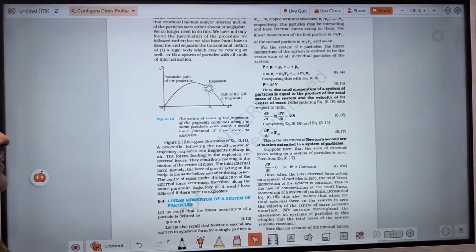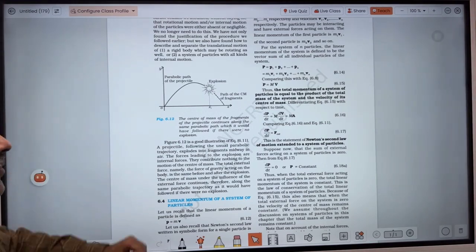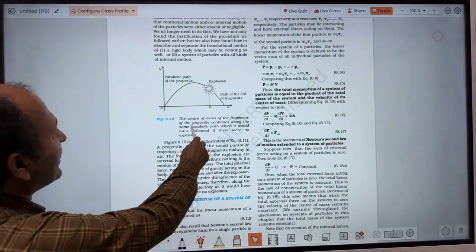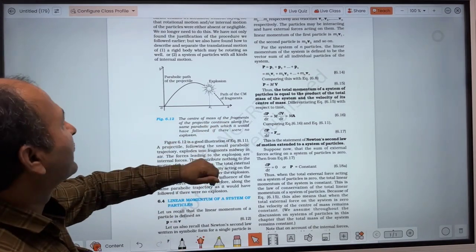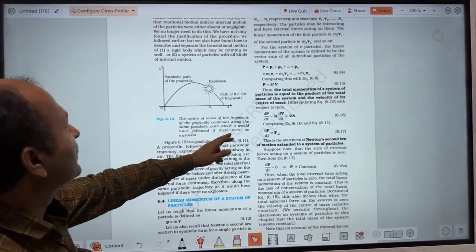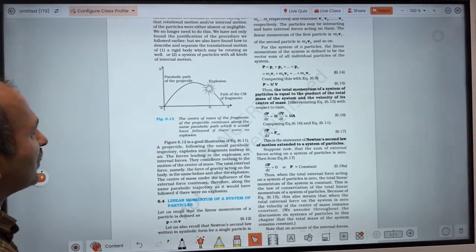So different fragments will move in different directions. But what will be the path of the center of mass? It will remain the same. The same thing is given here. The center of mass of the fragments of the projectile continues along the same parabolic path which it would have followed if there were no explosion.